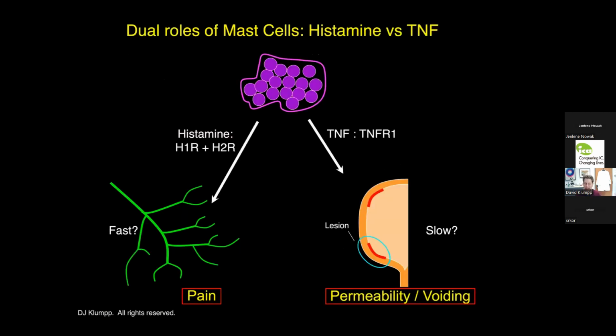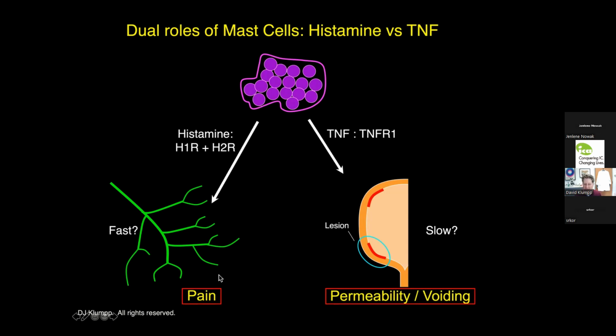So using these systems, we were first looking at the mast cells, and we noticed that there was a difference, that if we block the effects of TNF, these mice had normal pain. So that told us that although TNF was causing damage to the bladder wall, it really wasn't causing the pain response. So that led us to looking elsewhere, and we thought about, well, maybe the histamine is causing the pain.